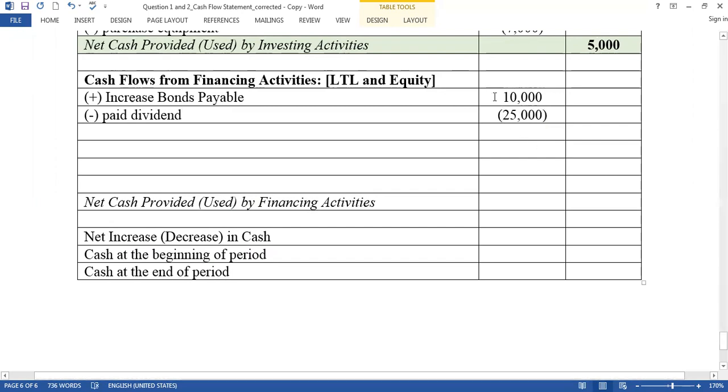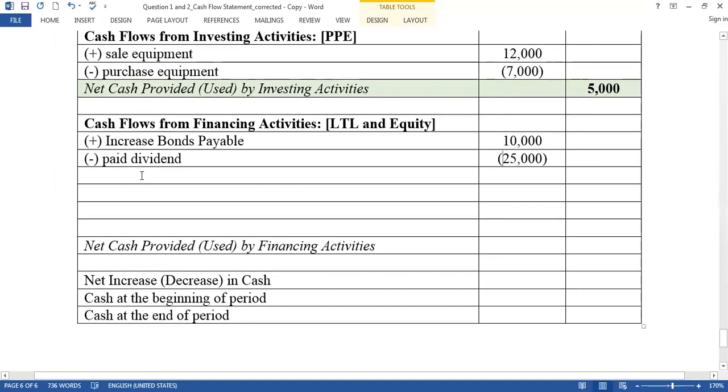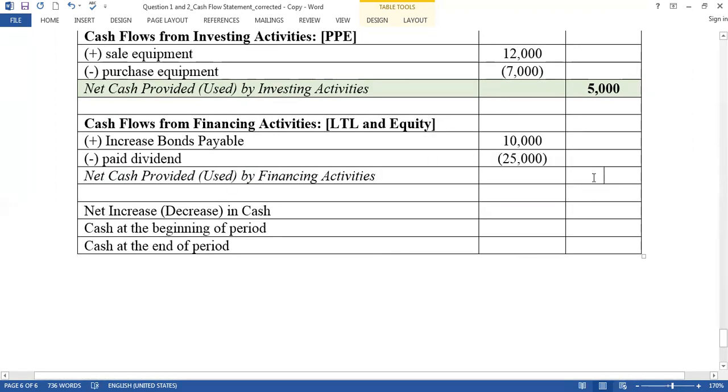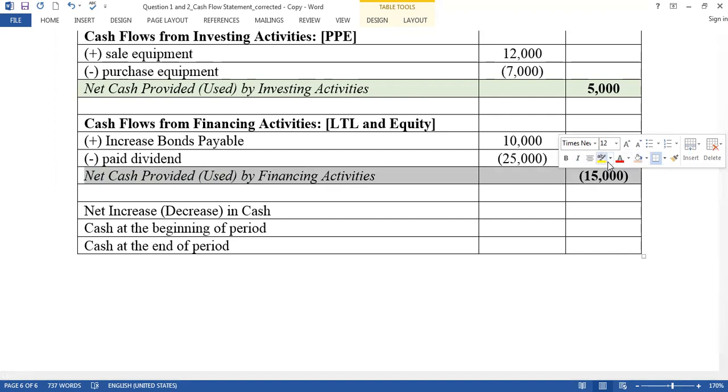After plus and minus, we don't have any other financing activities. It is 15,000. So we find financing activities is 15,000.